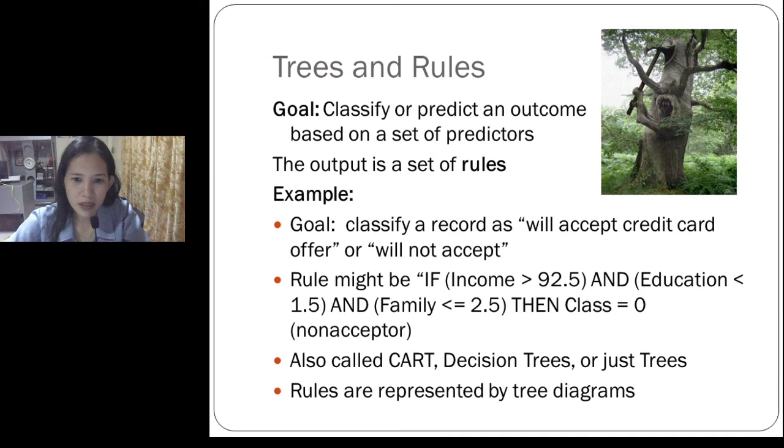Or if income is greater than 92.5 and education is less than 1.5 and family is less than or equal to 2.5, then the class is 0. The resulting subgroups should be more homogeneous in terms of the outcome variable, thereby creating useful prediction or classification rules.